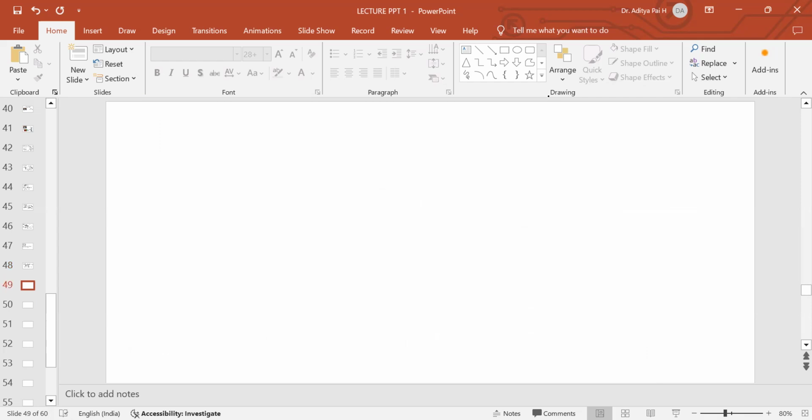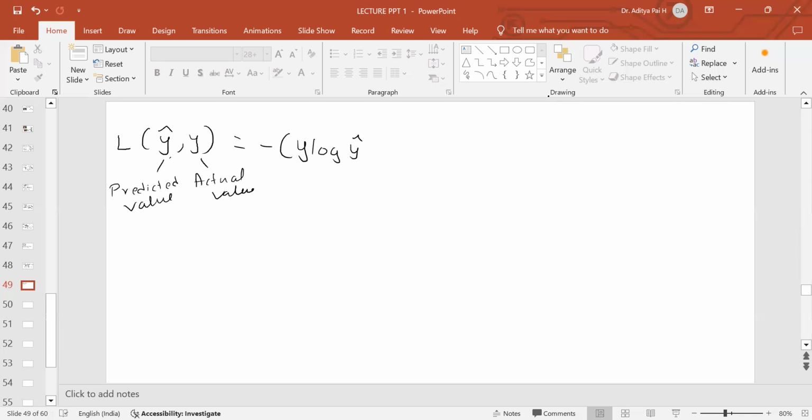Therefore, L of y hat comma y, where y hat is the predicted value and y is the actual value, is equivalent to minus of y log y hat plus (1 minus y) log (1 minus y hat).